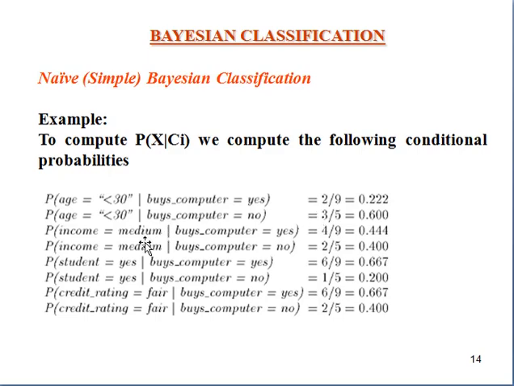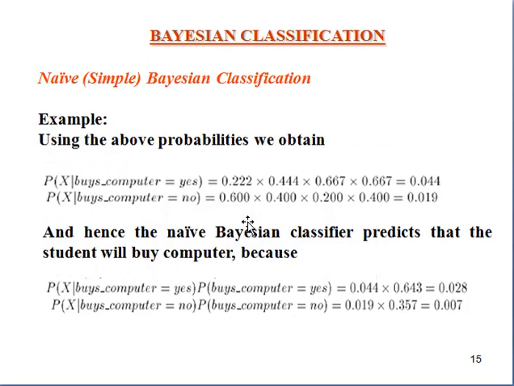Similarly, on the basis of income, we have probabilities 4 by 9 and 2 by 5, and the probabilities on the basis of student, we have 6 by 9 and 1 by 5, and the probabilities on the basis of credit rating, given that he will buy a computer or not, are 6 by 9 and 2 by 5 respectively. So all these fractions come from the conditional probabilities, which we are calculating by following the same formulas which we have studied in the previous slides.